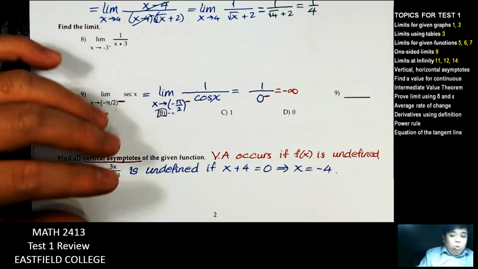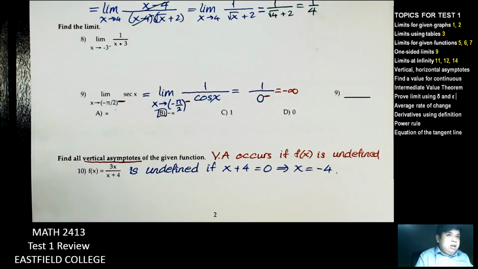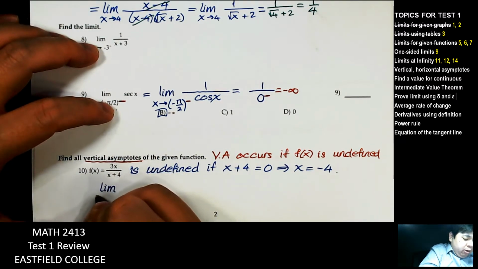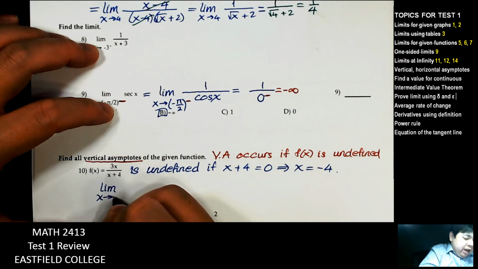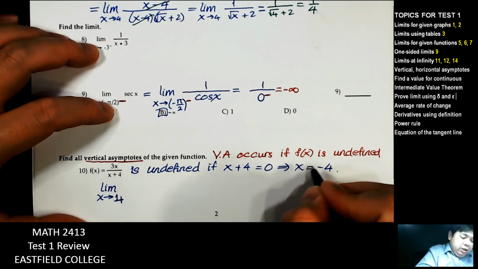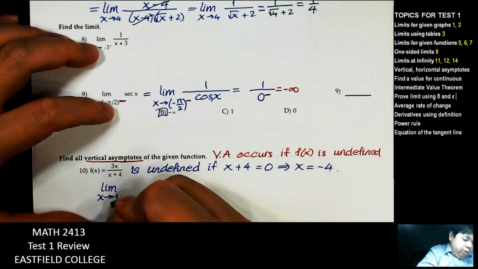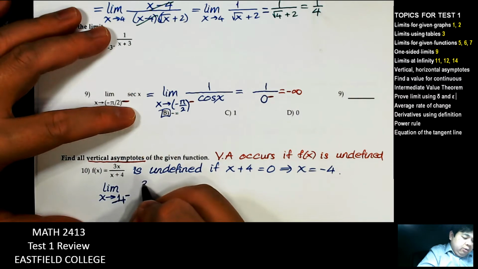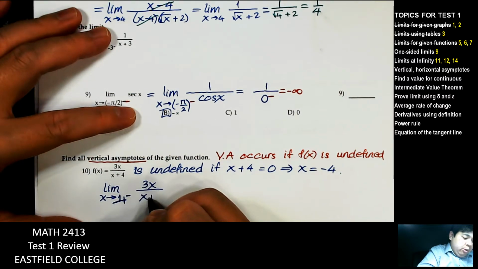We still need one thing though. We need to make sure that the limit goes to infinity, either from the left or from the right. Here I just take x going to -4 from the negative side of 3x over x plus 4.